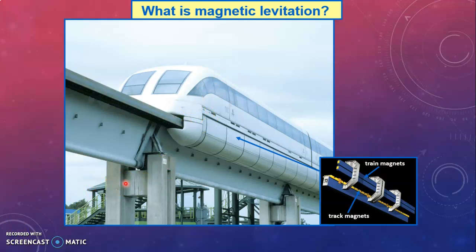Magnetic levitation is the lifting of an object by means of magnetic forces. So, copy please the question and the definition. Magnetic levitation is the lifting of an object by means of magnetic forces. And you can copy this drawing. Now let's continue with the next information.